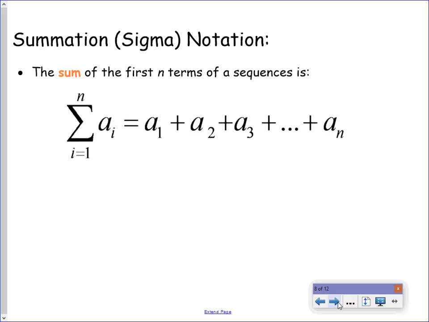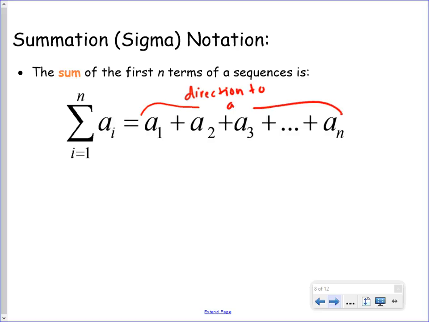Okay, so summation notation is really this stuff over here. This is the Greek letter sigma. All that summation notation is, is a direction to add terms of a sequence.